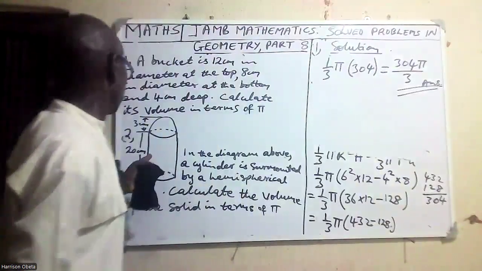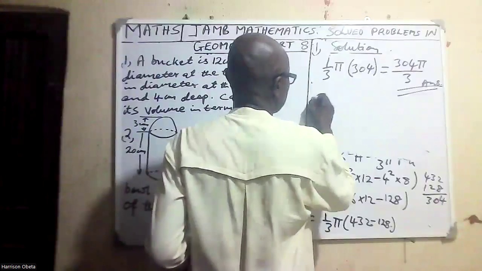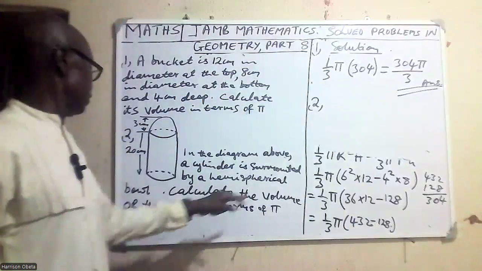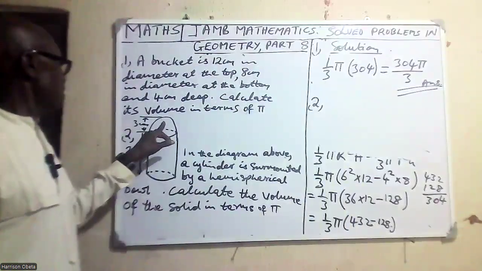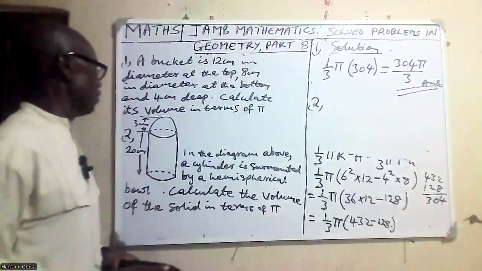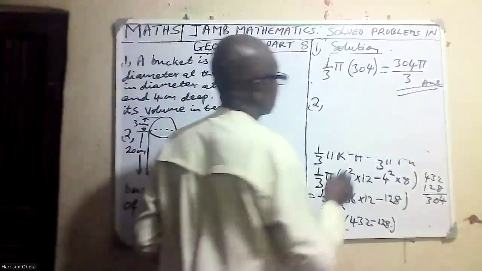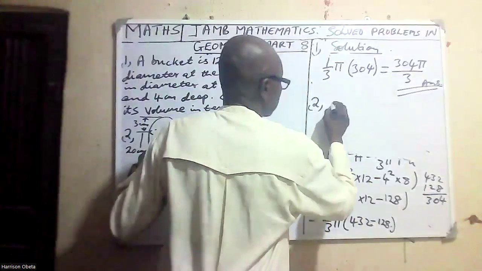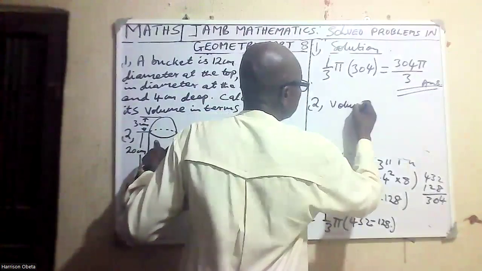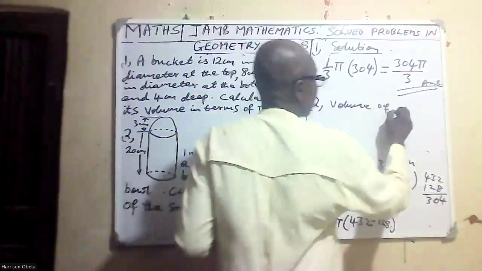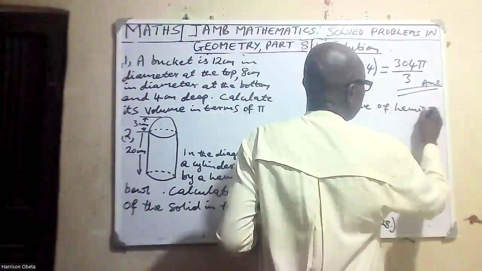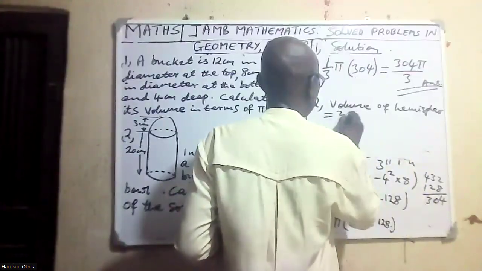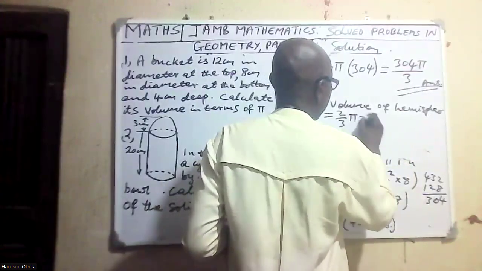Then we are now going over to question number 2. In question number 2, we have to calculate the volume of the solid. That is volume of hemisphere plus volume of cylinder. Volume of hemisphere is equal to 2/3 pi r cubed.